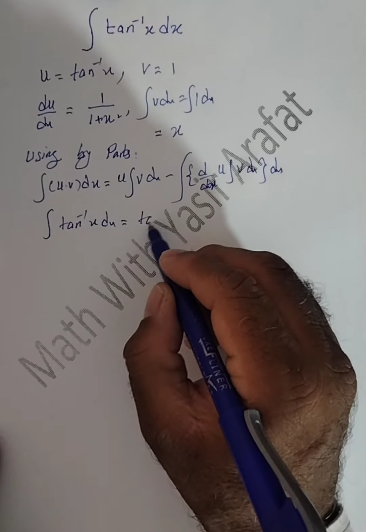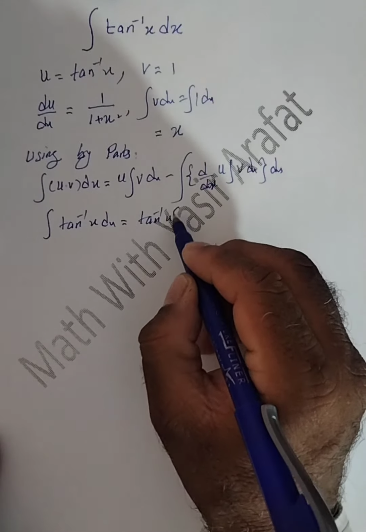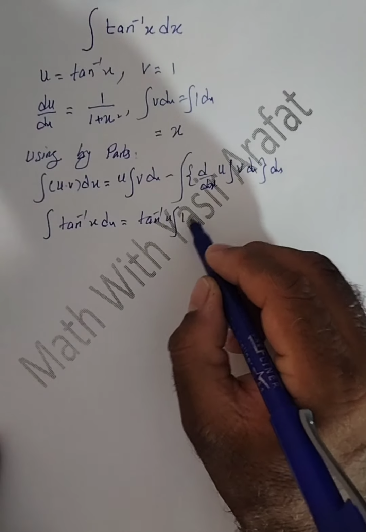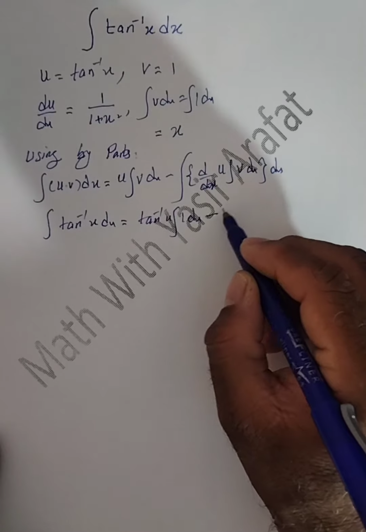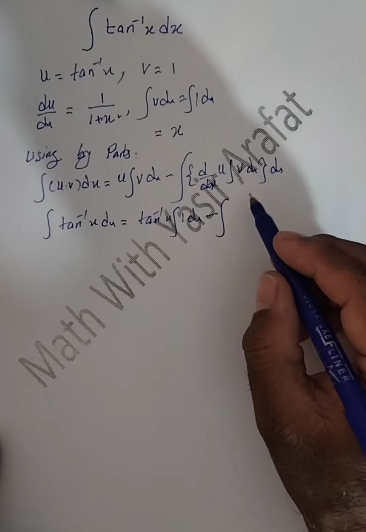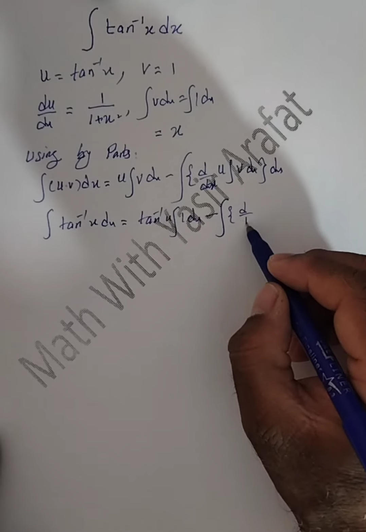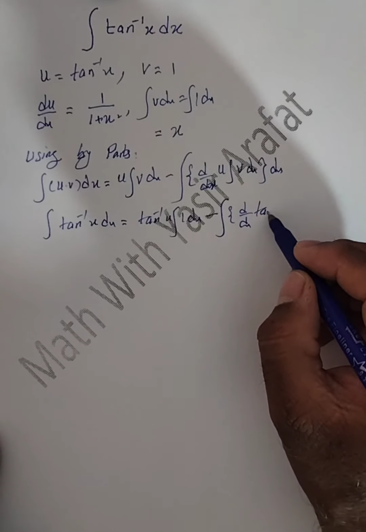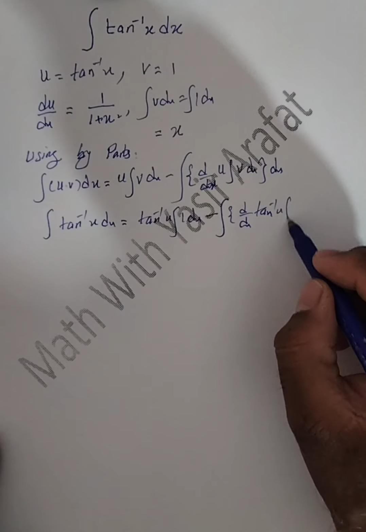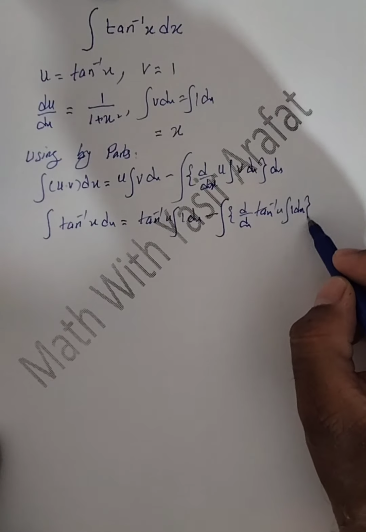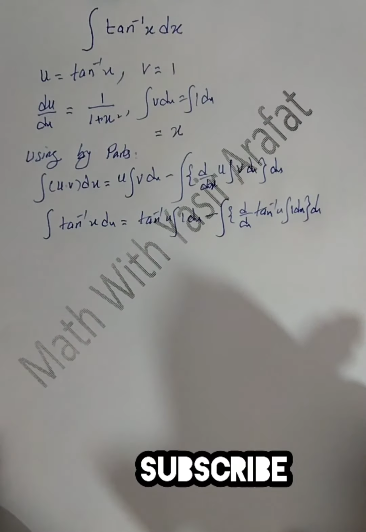U as it is, that means tangent inverse x as it is, times the integration of v, that is 1, minus the integral of the derivative of u, times the integration of v, that is 1, dx.